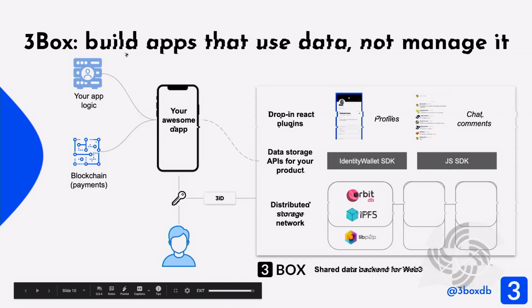And it's really nice because as developers, we can actually start to see that we can separate out our app logic and what we're building from the kind of data management system. So here we've got your awesome DApp. We're going to see a lot of these this weekend, hopefully a lot with 3Box as well. So you have your app logic. You might be using a blockchain, whether it's for payments or if you're using a smart contract. And then everything on the far side there, which is in a box, this can be managed for you by 3Box, but you can actually make use of it through our SDKs.